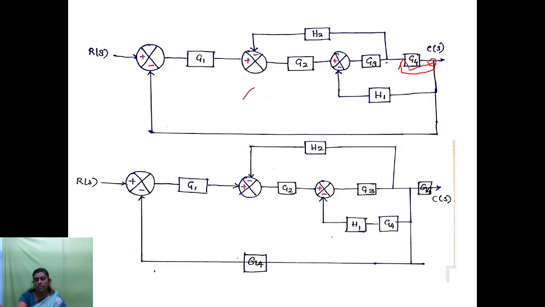Under that condition, as we have already told, in order to shift the pickoff point before the block, we have to multiply the branch with that gain G4. So I have taken out this block here, but at the same time this pickoff point is multiplied with G4. So this is our first step. The remaining blocks are the same as in the previous one.